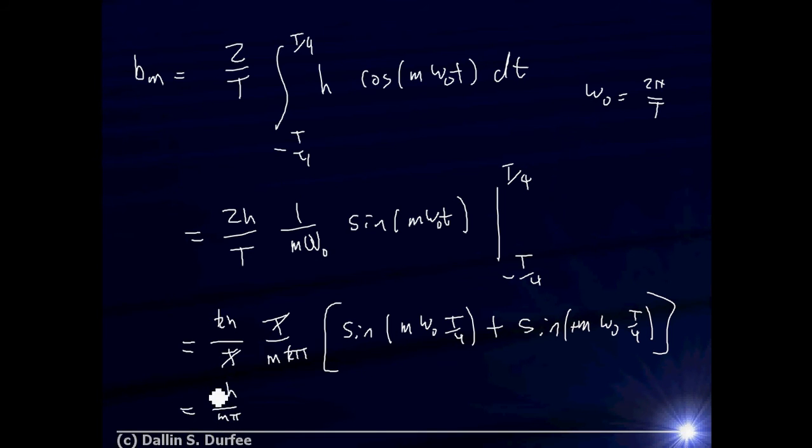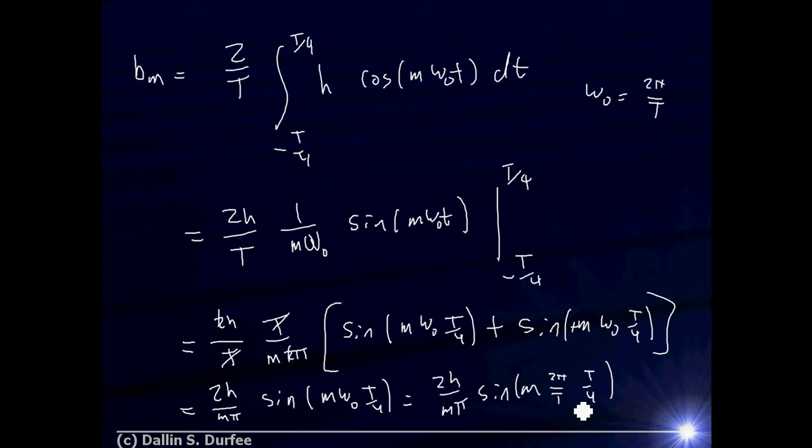And then I've got two of these sines, so it's going to be 2 sine of m omega naught T over 4. But I can do better than that, because omega naught is 2 pi over T, so this is 2 pi over T times T over 4. The T's cancel out, and I've got 2 pi over 4, that's pi over 2.